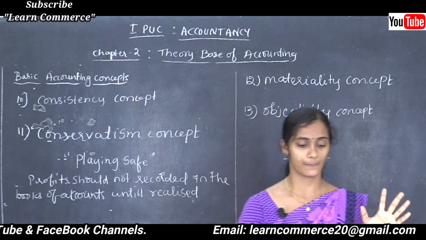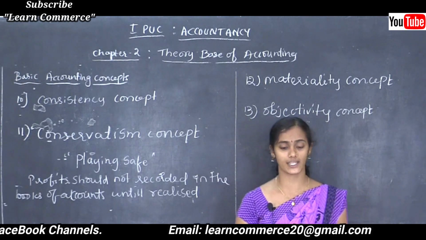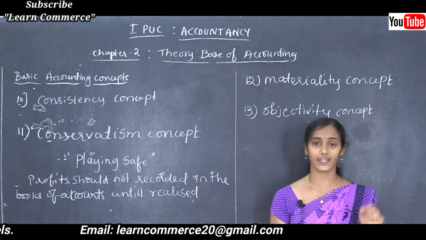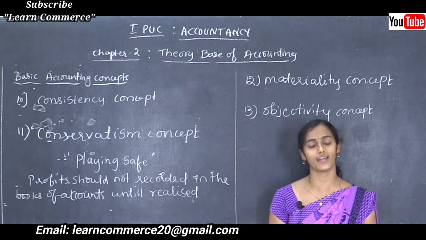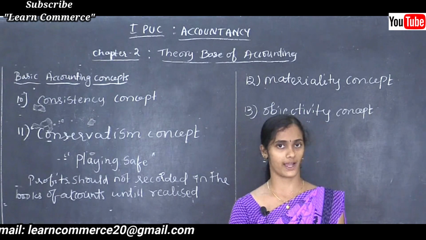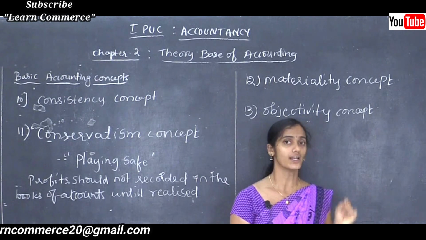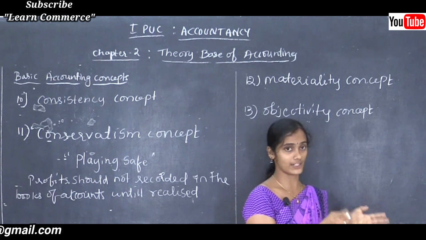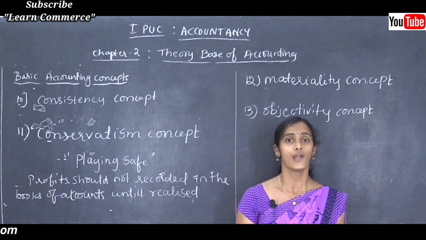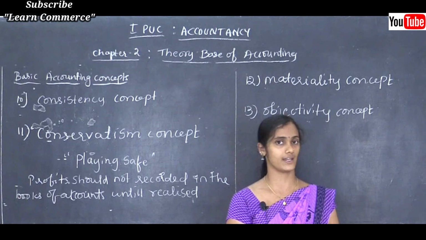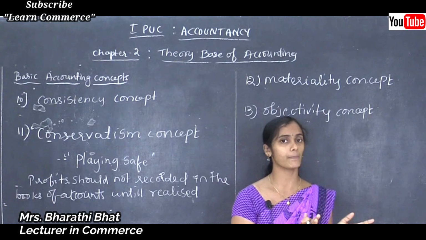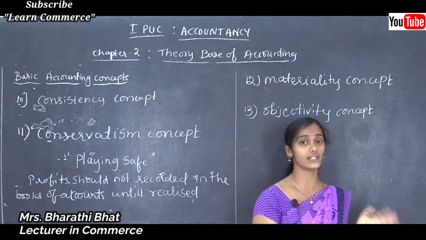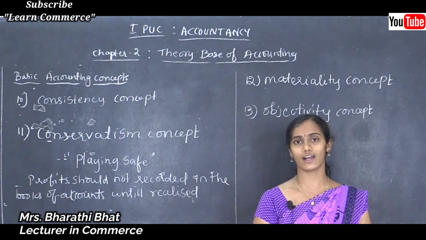Objectivity concept. According to this objectivity concept, it requires that accounting transactions should be recorded in an objective manner. It should be recorded in what? In an objective manner. It means that while recording these transactions, they should be free from errors and bias, from the accountants or others.